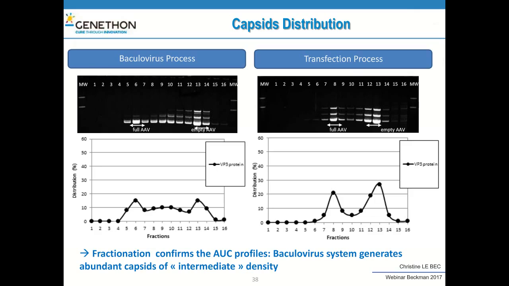You can see the distribution profile of the VP protein over the fractions, and the fractionation confirms the AUC profile: the baculovirus system generates abundant capsids of intermediate density compared to the transfection process. We have done this from fractions 5 to 14 for the baculo, and from fractions 8 to 13.